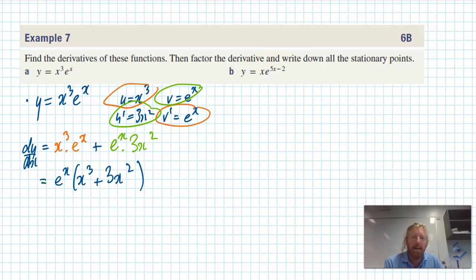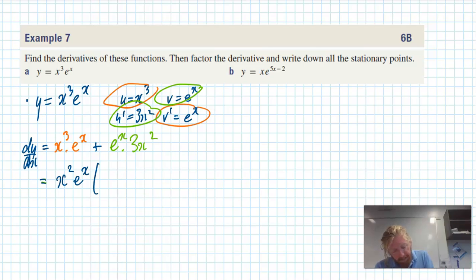Now that's fine, but there's also an x squared. You could solve it off this, but I'm going to look for the highest factor. It'll still work the other way. But I'm going to take out that x squared: x squared e to the x (x plus 3). Cool.